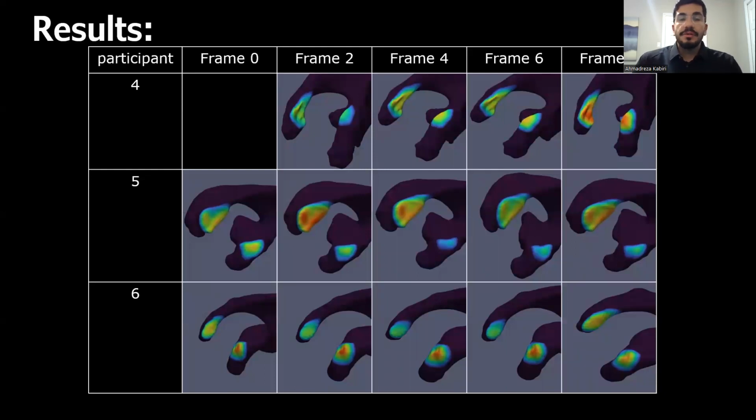And I added the result of 3 patients, as you can see, with different frames of motion. The interbone distances would vary in this joint.